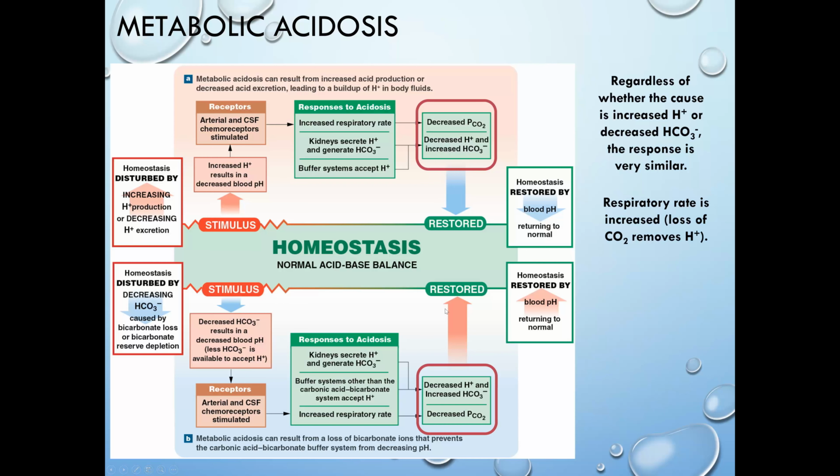So the ultimate goal is to increase the respiratory rate, which is going to remove carbon dioxide, which will remove hydrogen ions, and have the kidney secrete hydrogen ions into the urine and reabsorb or generate additional bicarbonate ions for the blood. So again, whether the problem is an increase in hydrogen or a decrease in bicarbonate, the ultimate goal of how to fix the problem is the same.